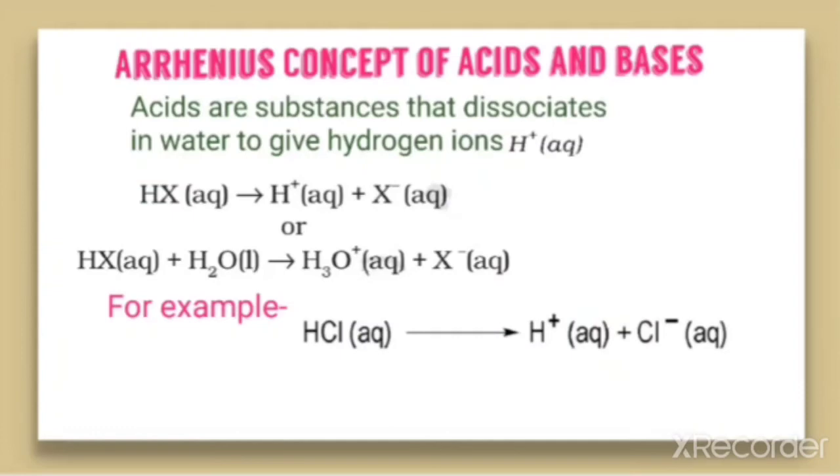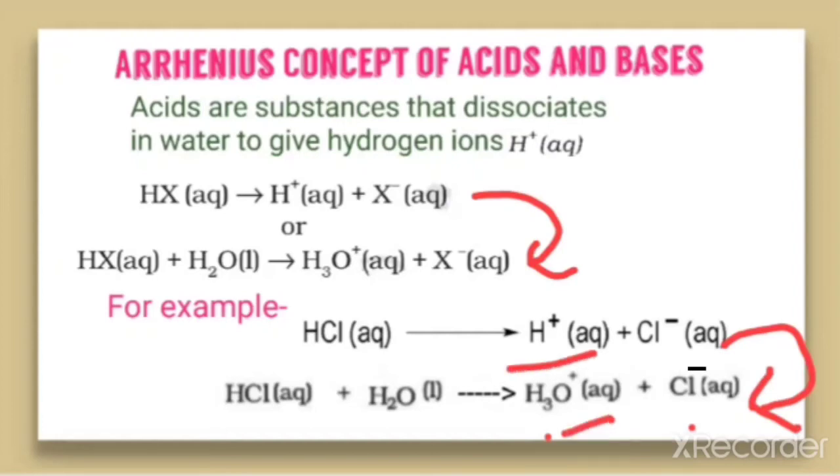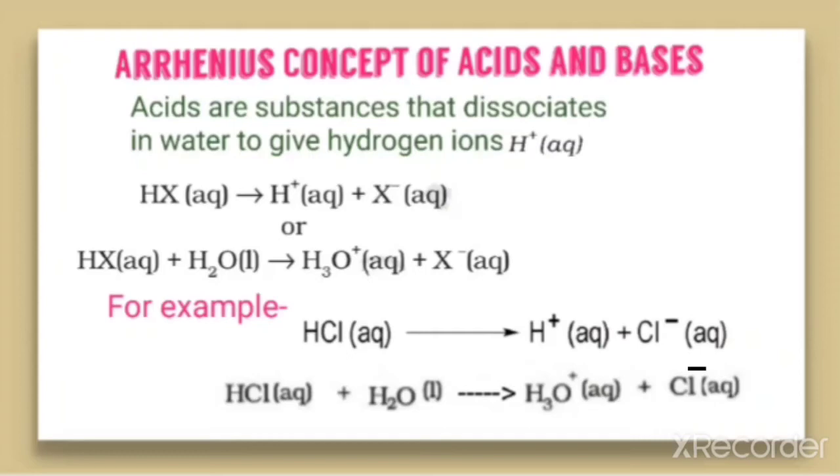This equation we can also write as HCl plus water gives H3O plus and Cl negative. So if there is formation of an H plus ion or H3O plus ion, we can say that substance is called an acid according to the Arrhenius concept.